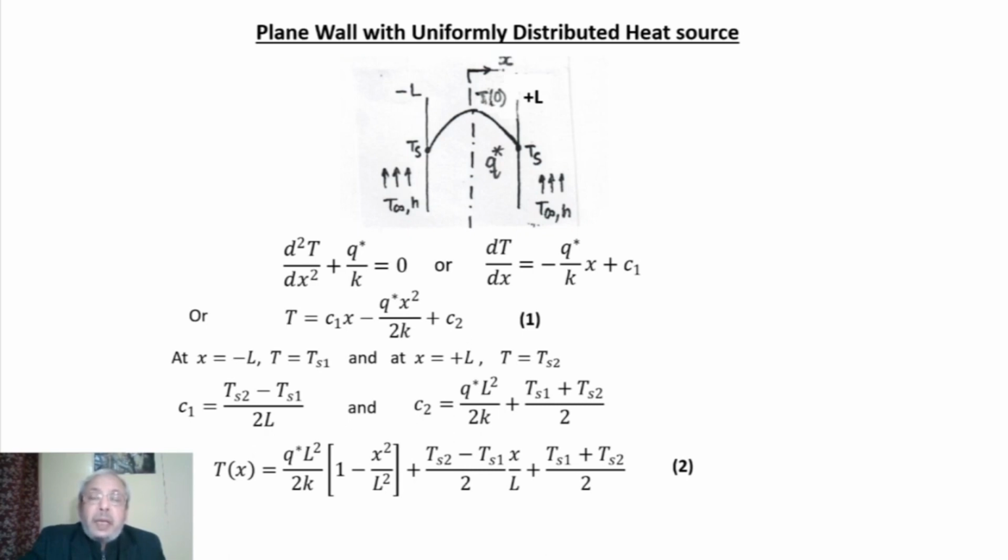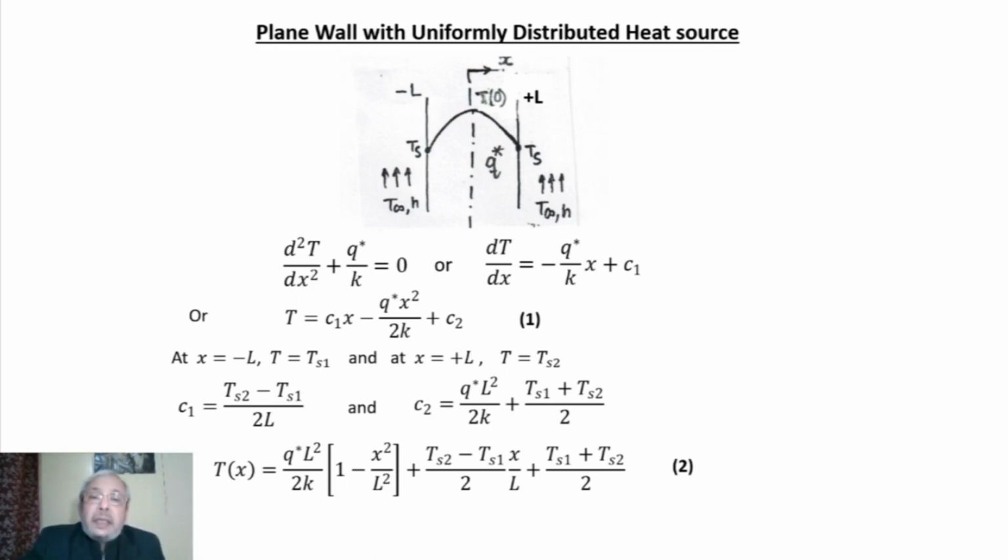And this wall is such that the temperature variation in the x direction will be considered. In the y direction, it is extended to infinity, and in the z direction, that is perpendicular to the plane, it is extended to infinity. That means at any z, we'll get the same distribution repeated.